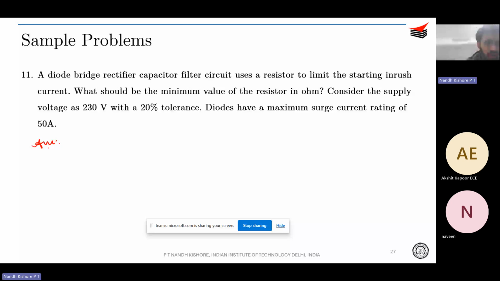We have our AC voltage source, and then a switch. They are using a resistor to limit the starting inrush current. Typically you have something like this.